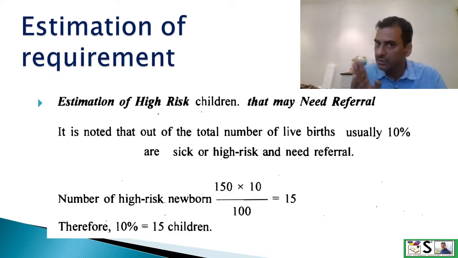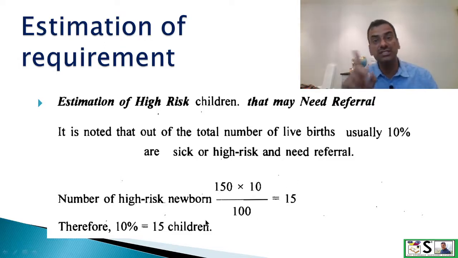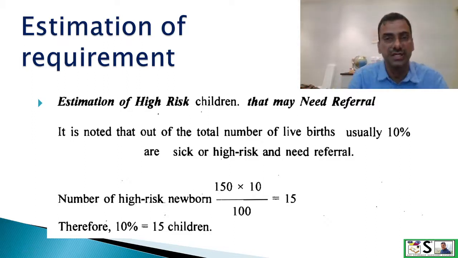Normally high risk children that may require referral just after delivery will be 10% of total live births. So here 150 multiplied by 10 and divided by 100, so they are 15. So 15 children will need referral. In this way we can make the estimations and write in the form.